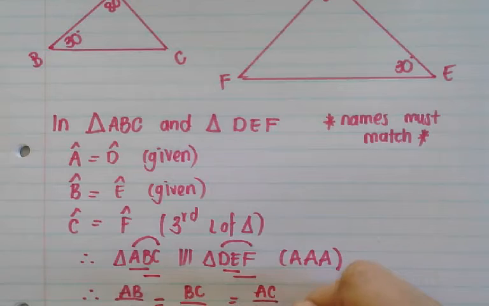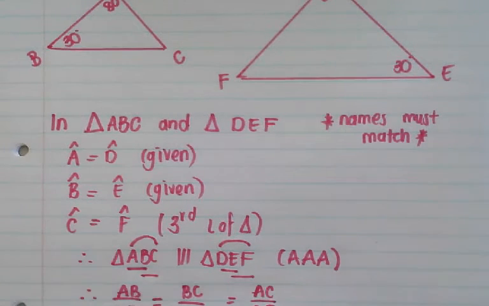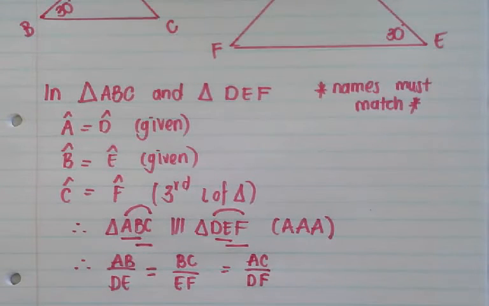If you do not have the matching letters for the names, this will not work. And right now it's easy to see which are in proportion, but there might come a time where it's not easy to see. So it's better if your names are correct, because then there's no confusion. So if you don't believe me, you can check.